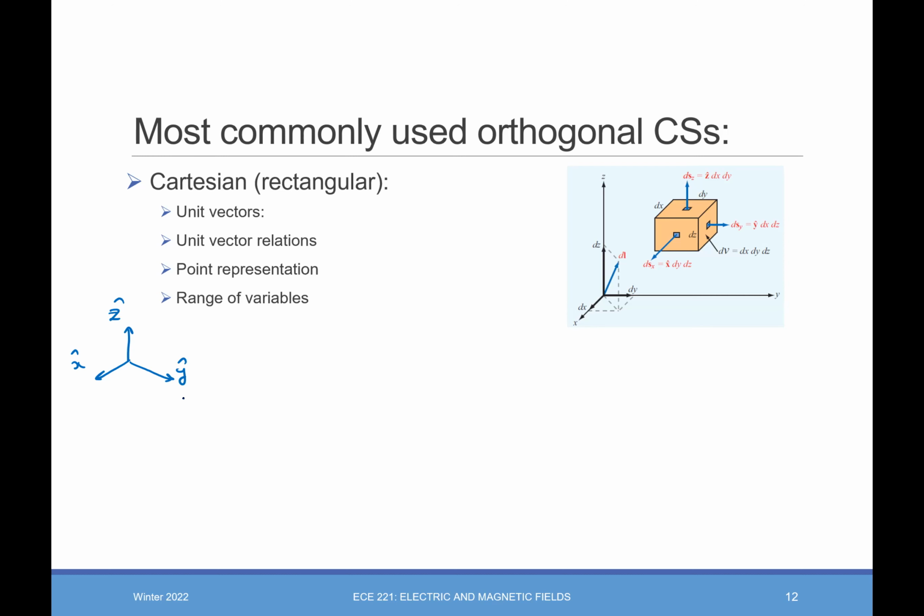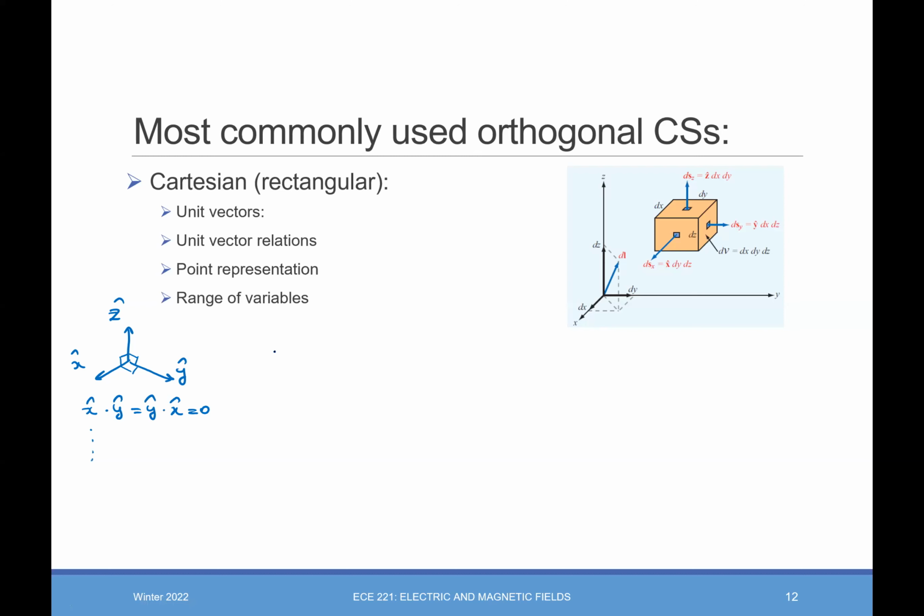Now, based on the properties of an orthogonal coordinate system, these are perpendicular to each other. So we can say x hat dot y hat is 0, and the rest of it, right?